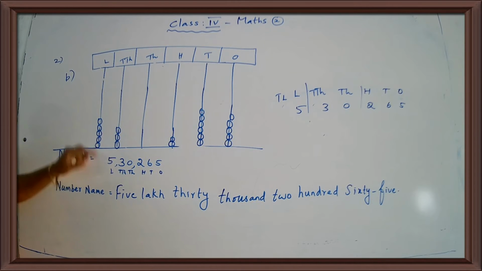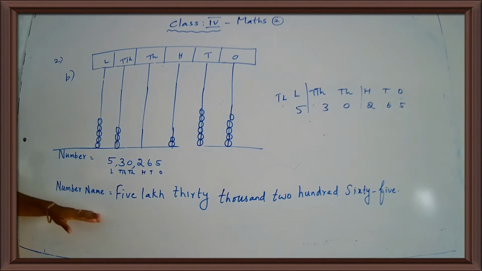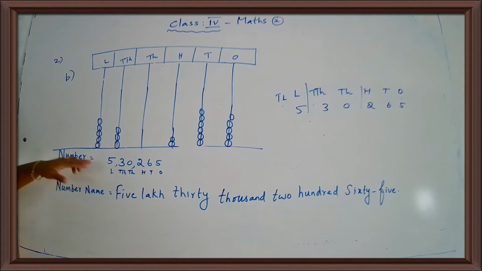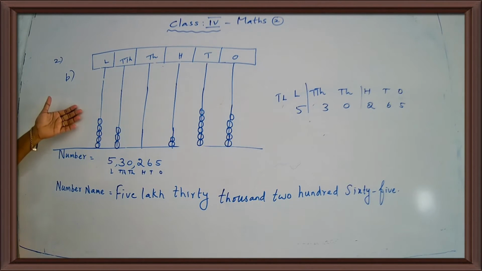Now 10,000s place 3 beads and lakhs place 5 beads. So your answer is over. Okay, children, it's very easy. First, what is given? Number name is given. So first of all you write the number, that is numerals. Then after that you draw the beads on the abacus.